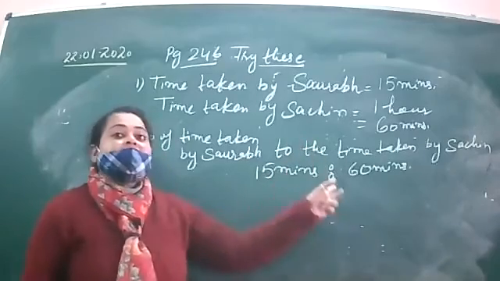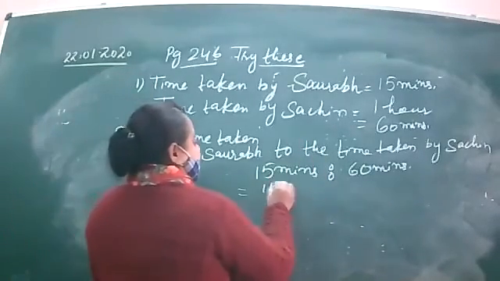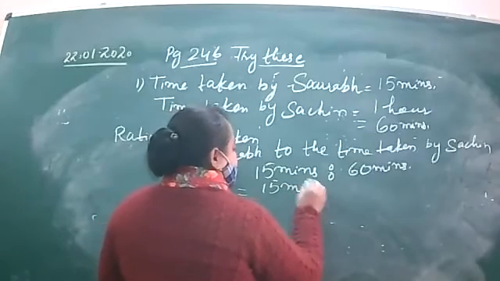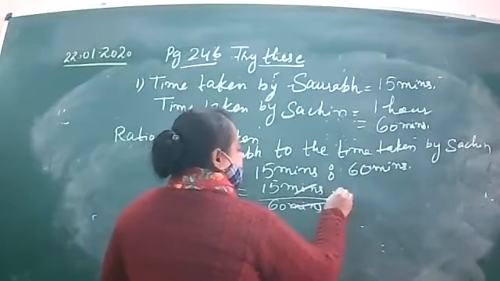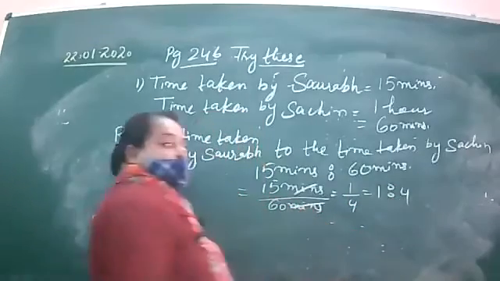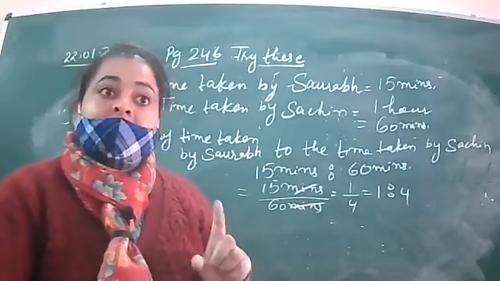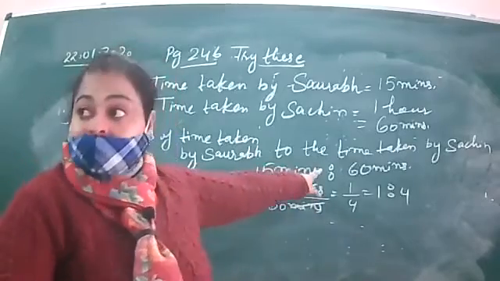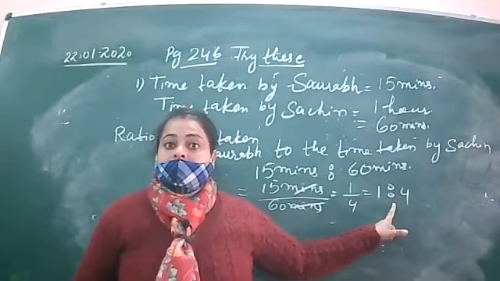After this step, you will show the division. Now, this is 15 minutes upon 60 minutes, 1/4, 1 ratio 4. If the sum is based on ratio, then write ratio in the starting and write ratio in the end.